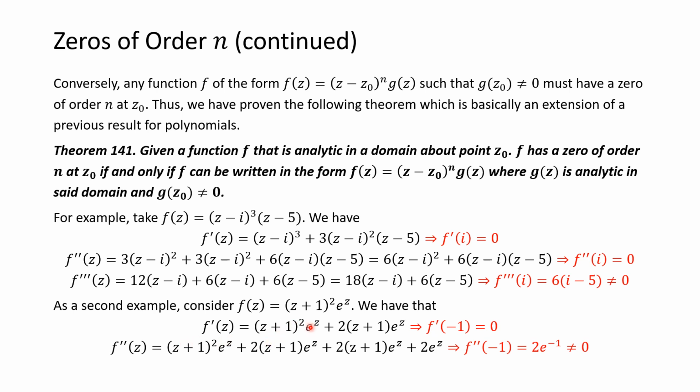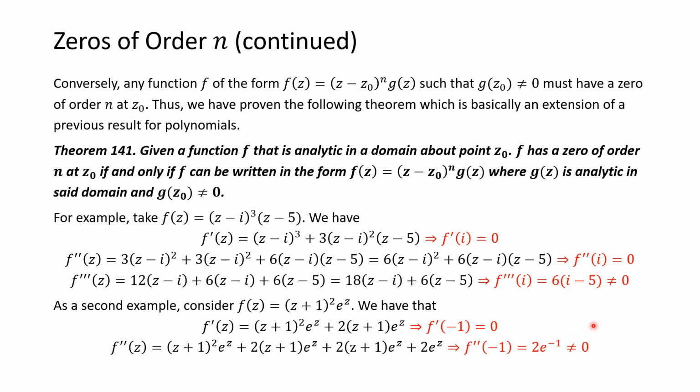You need the product rule twice for this term and then for this term. These three terms have the same factor z plus 1, so when you put in minus 1 these cancel, but then this last term evaluates to 2e to the minus 1, and that doesn't equal 0.